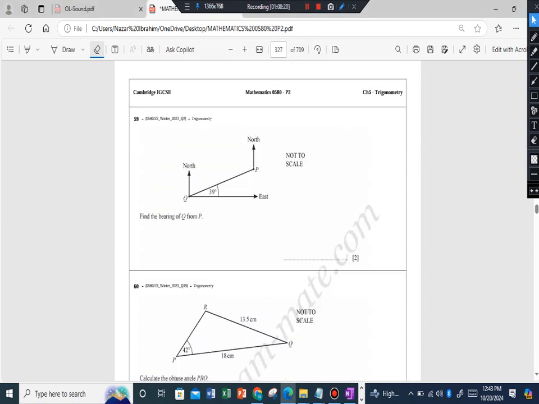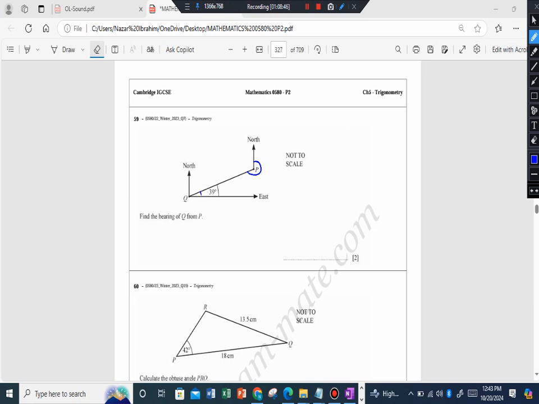Question number 59. We have a bearing question, as we can see from the diagram as well. Find the bearing of Q from P. The bearing of Q from P means from the north of P to Q. What we have here is this angle 39.